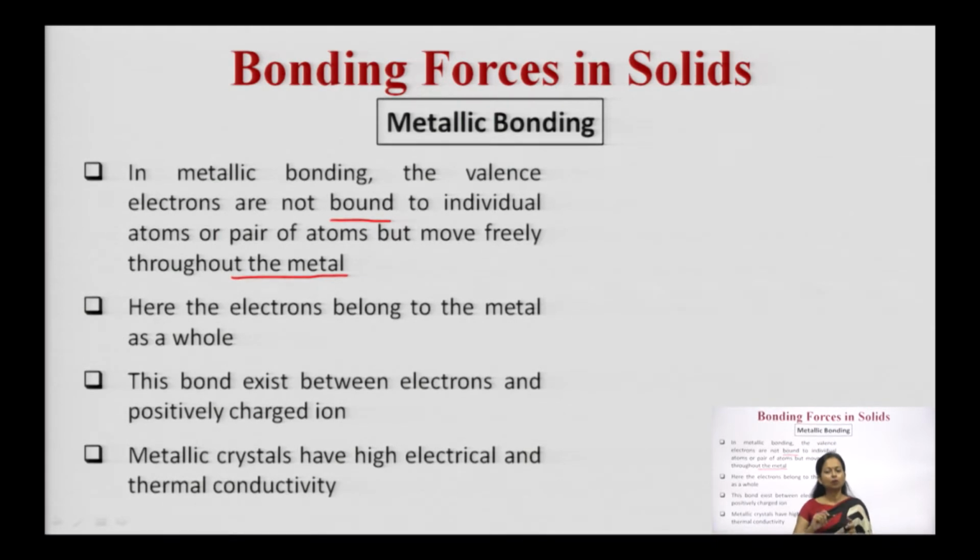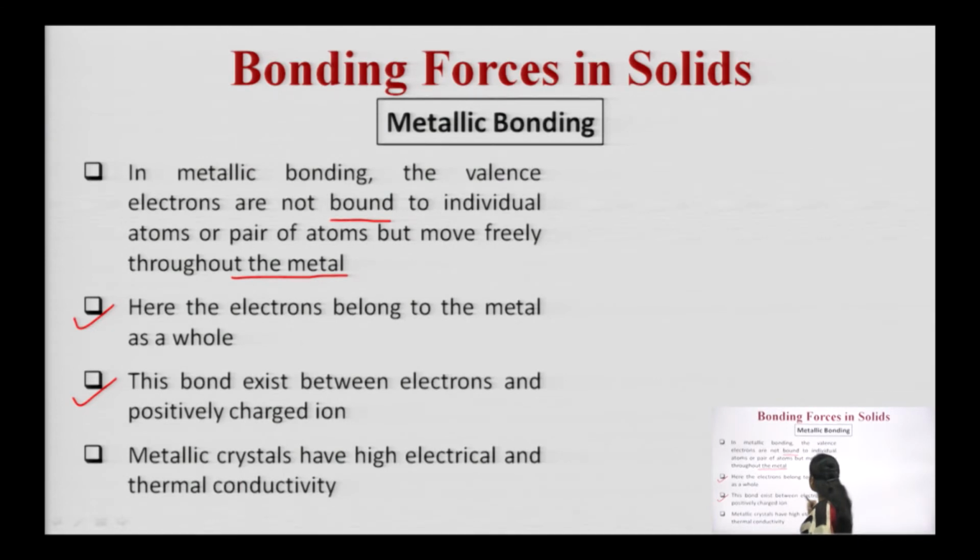Meaning in the whole metal, these valence electrons, free electrons, are moving. So, here electrons belong to the metal as a whole, not to any particular defined atom or the neighboring atoms, no, they are available for the overall metal itself.